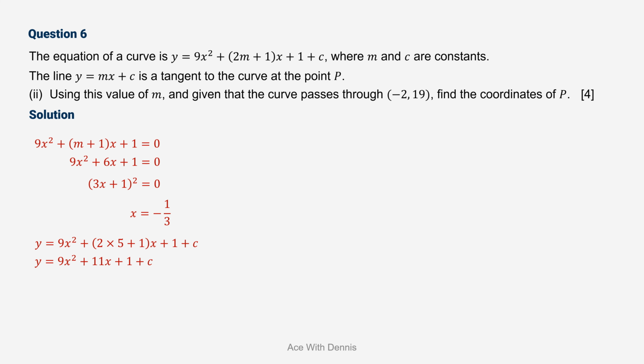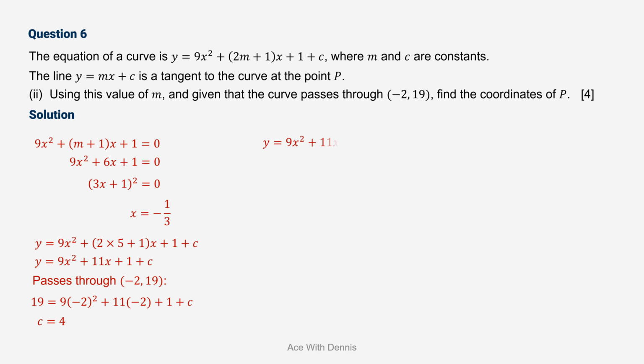That is why they give us the information that the curve passes through the point (-2, 19). So substitute x equals -2 and y equals 19 into the equation. We get 19 equals 9 times (-2) squared plus 11 times (-2) plus 1 plus c. I solve this equation, and I will get a c value which is 4.